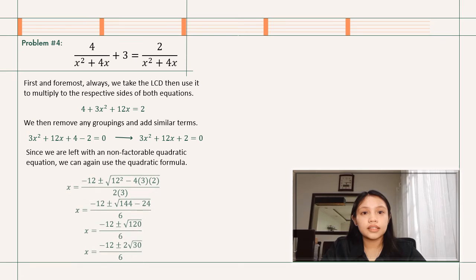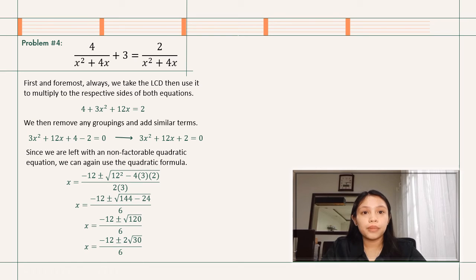So we have x equals negative 12 plus or minus the square root of 12 squared minus 4 times 3 times 2 over 2 times 3. Then we have x equals negative 12 plus or minus the square root of 144, since that is the answer for 12 squared, minus 24 over 6. Next, we have x equals negative 12 plus or minus the square root of 120 over 6.